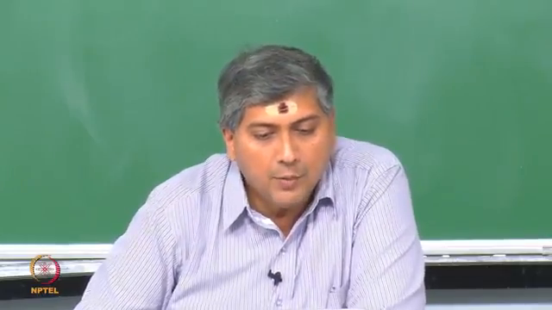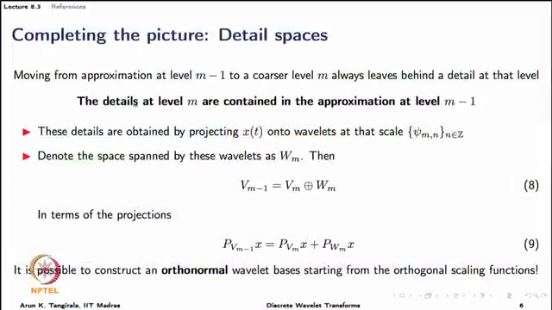Now that tie comes through the fact that the details at level m are contained in the approximation at level m minus 1. Why is this true? Because when I move from approximation at level m minus 1 to a coarser level m, then I always leave behind some detail. That detail is associated with the approximation at level m.